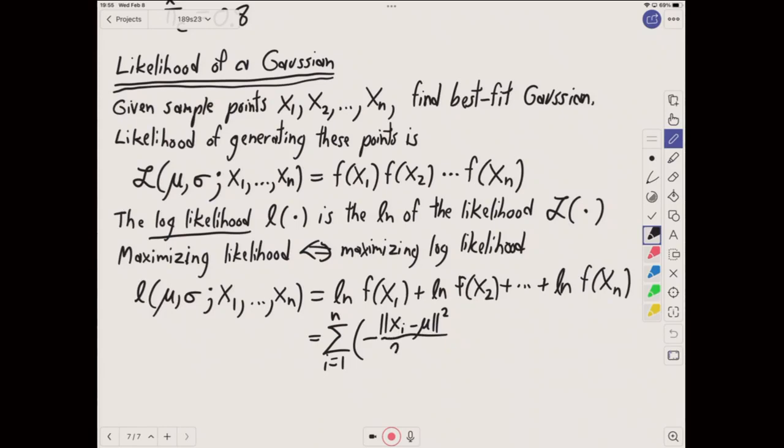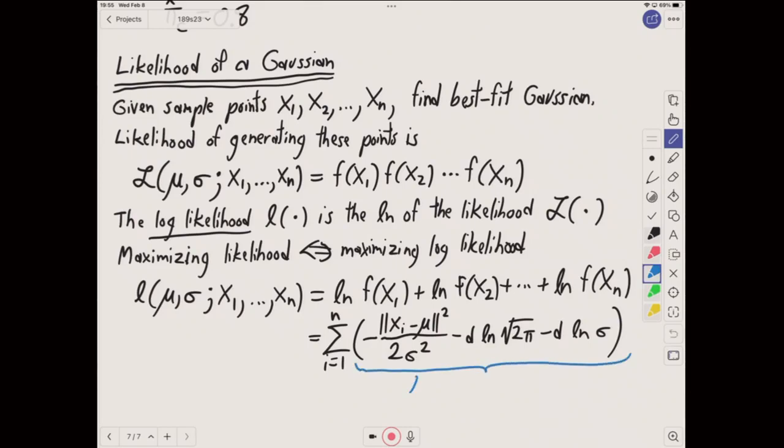Mu is the mean of all these sample points, over 2 sigma squared minus d times the logarithm of root 2 pi minus d times the logarithm of sigma. Where did this come from? Again, this is just the natural logarithm of the normal PDF.